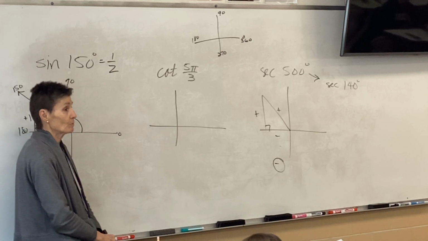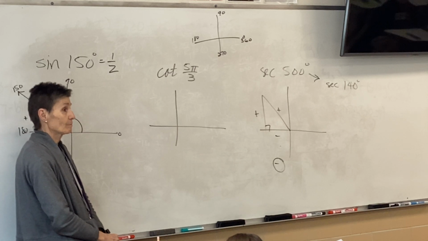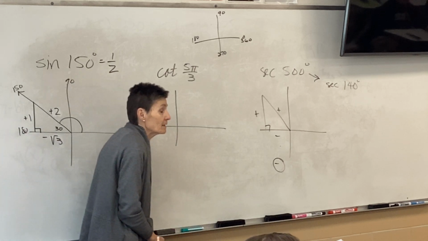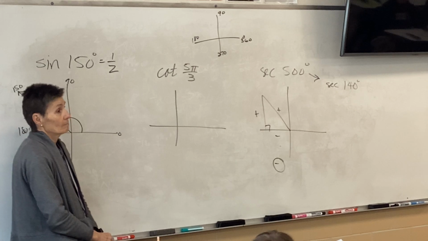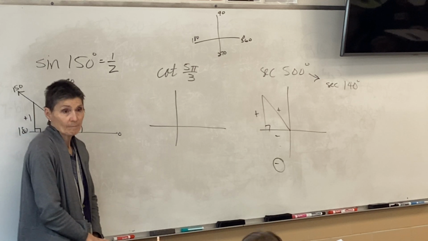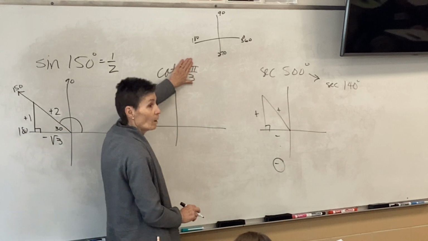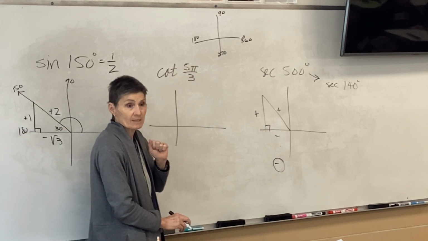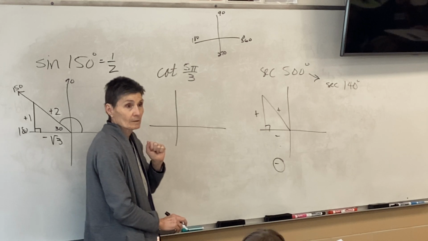How did you get 300? I used the mini calculator. What did you type in the mini calculator? 5 times 180 over 3. Sure. It's 5/3 of 180. So a third of 180 is 60, and 5 60s are 300.